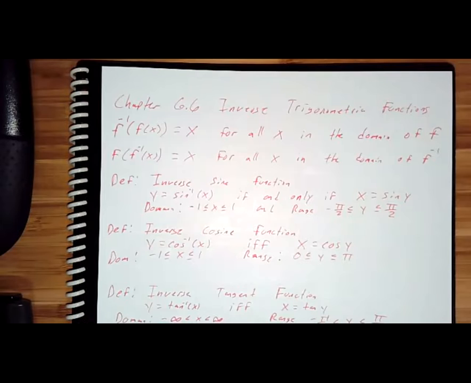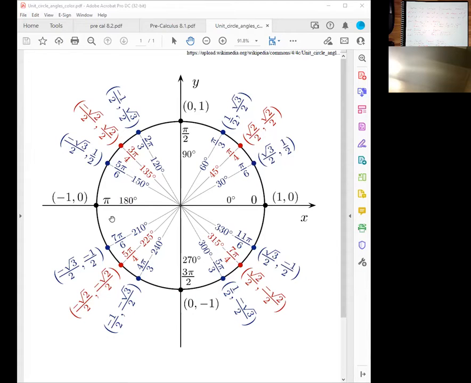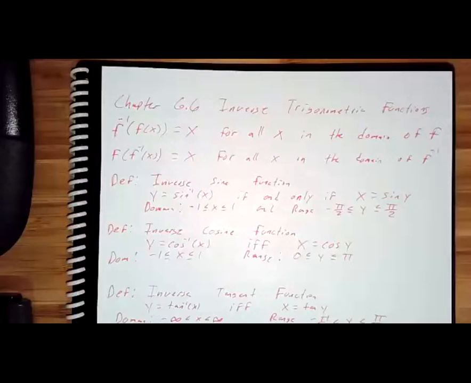Another way you can spot that is the circle is literally unit 1, the unit circle. It never goes beyond 1. So it's never going to be 4 for sine. That's too big. It's not going to happen.